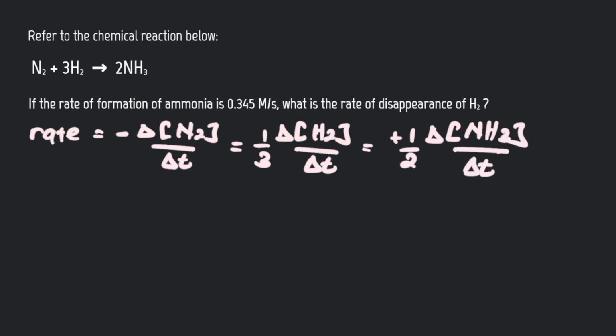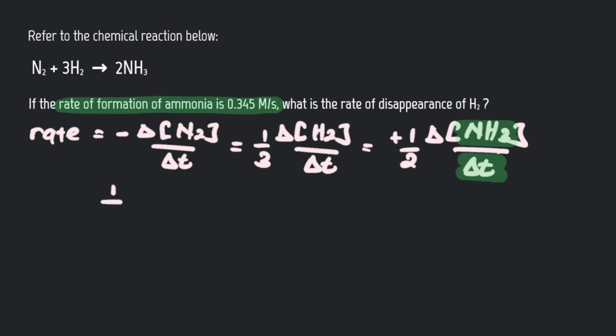Given in the question, the rate of formation of ammonia is 0.345 molar per second. That means this term over here is equivalent to 0.345. You were asked to calculate the rate of disappearance of hydrogen.